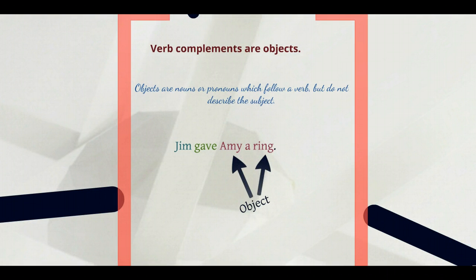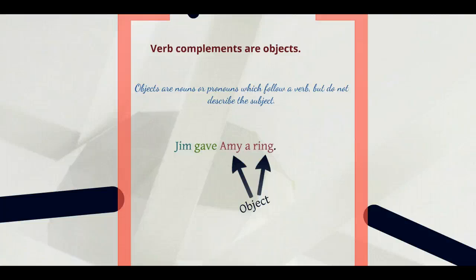We actually call verb complements objects. This is the definition. Objects are nouns or pronouns which follow a verb but do not describe the subject. Okay, so they're not predicate nominatives because they do not describe the subject. So in this case, we have to use them as an object. That's the definition.